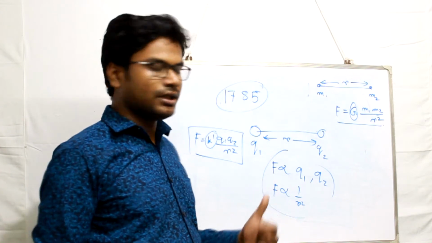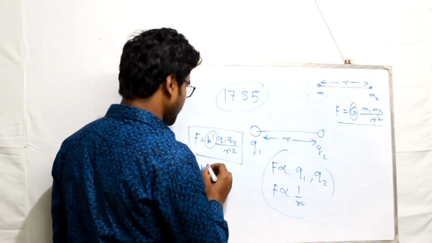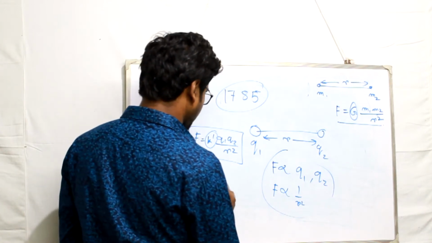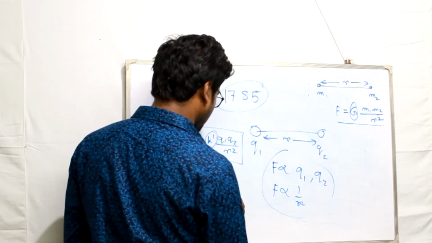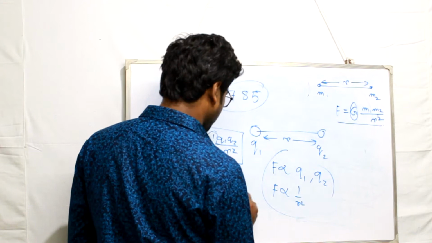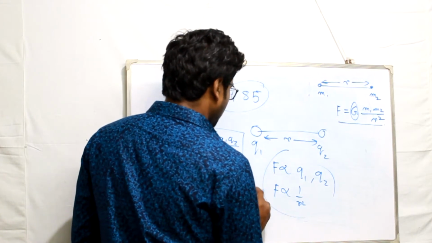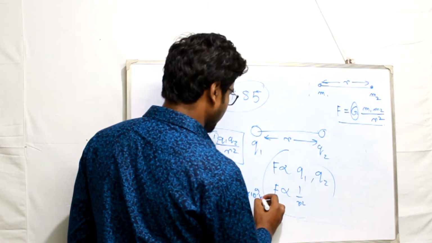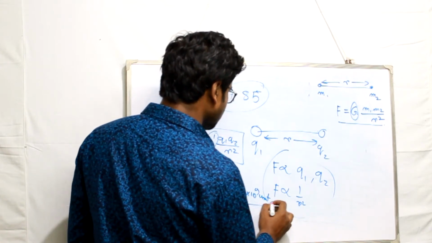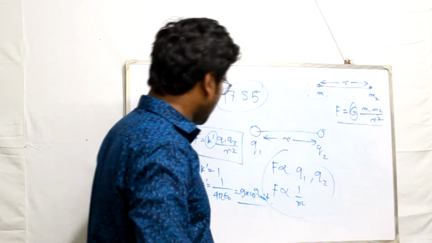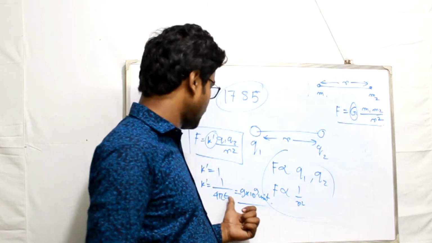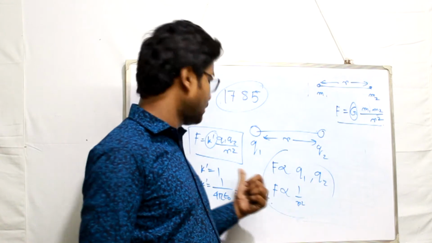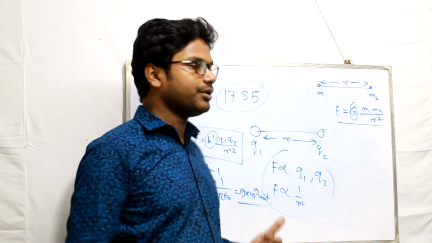In case of CGS, the value of K prime equals 1, and in case of SI, we write K prime as 1 by 4 pi epsilon, which is 9 into 10 to the power 9 units. Here we write epsilon naught because we have taken the medium to be free space.